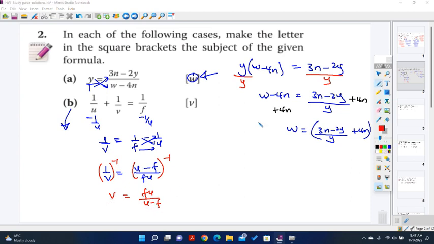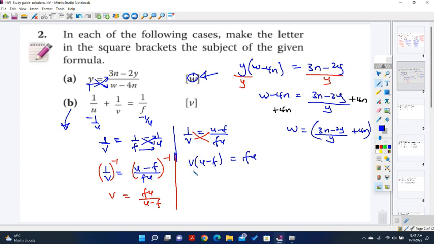But I know that this might not be something that is appealing to some of you. You might say it's magic. So I'll go slowly. 1 out of v equals u minus f out of fu. If I want to do this the slow way, I'll just cross multiply, and then I'll have v open brackets u minus f equals just fu.